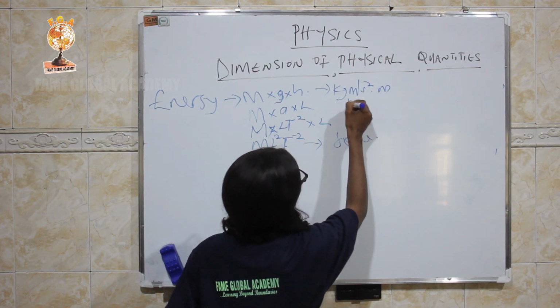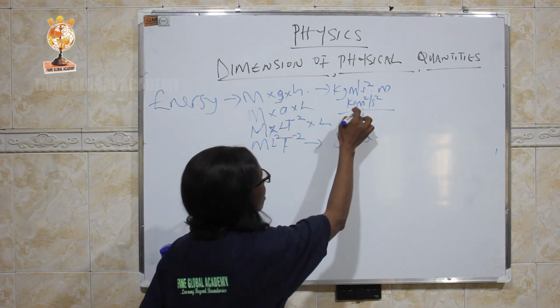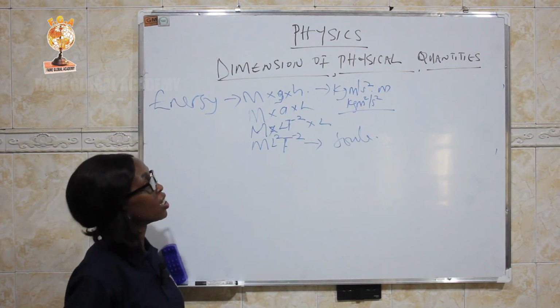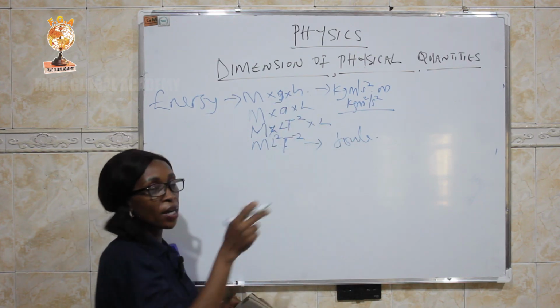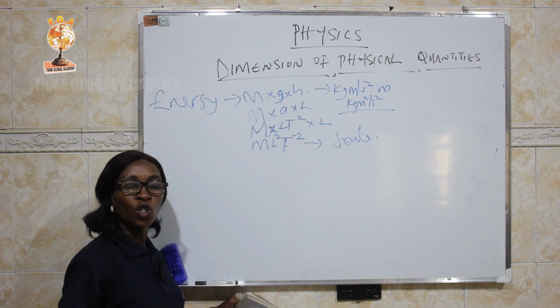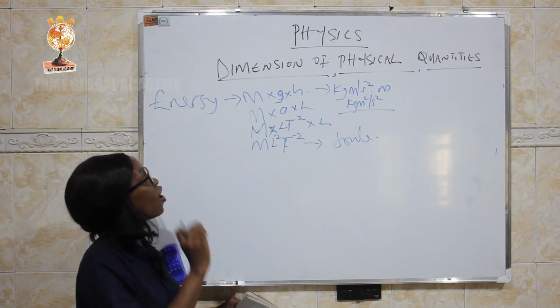So it becomes kilogram meter square per second square. Using this or that, we are saying the same thing. So the SI unit for energy could be kilogram meter square per second square or joules, but joules is popularly known as the SI unit for energy.